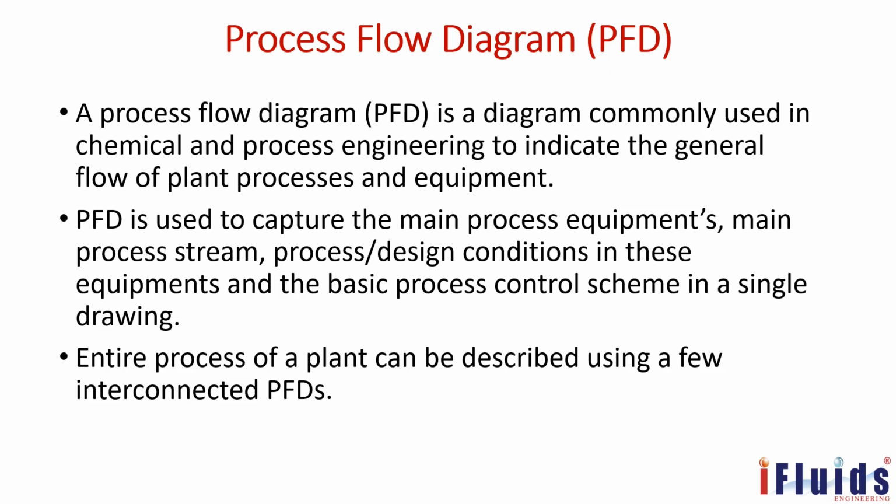As I already told, PFD captures the main process equipment, static and rotating equipment, main streams and utility streams, and some basic design conditions. For example, if you show a pump, what is the maximum pump capacity, maximum pressure, maximum flow, those are the design conditions we are going to show in the PFD.